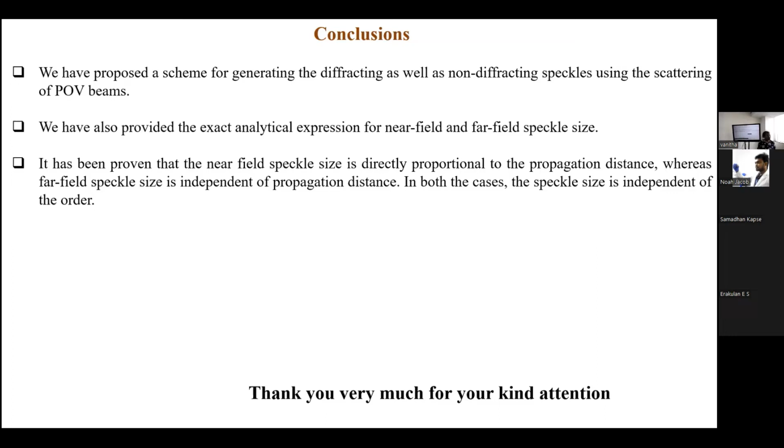Actually, that is in case we do again the Fourier transform of the speckles we got initially; then we get the non-diverging speckles. Even if we change the distance, the size is constant.